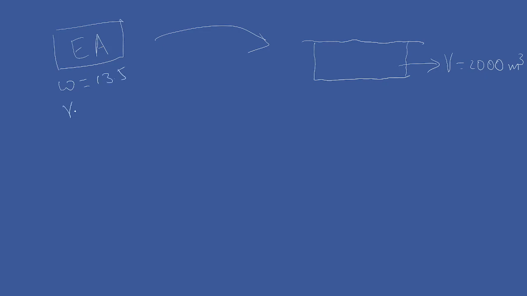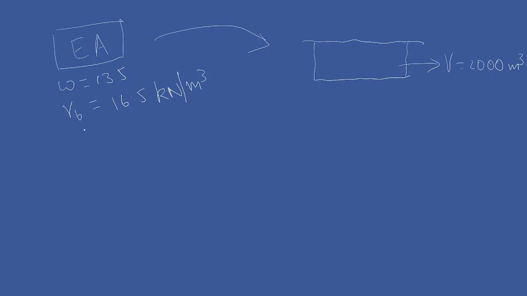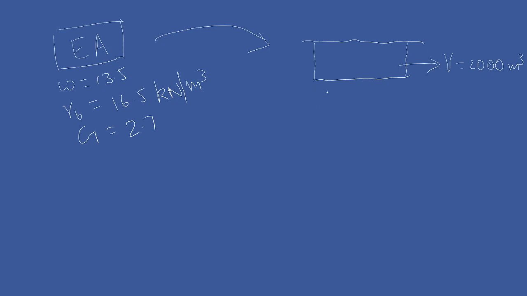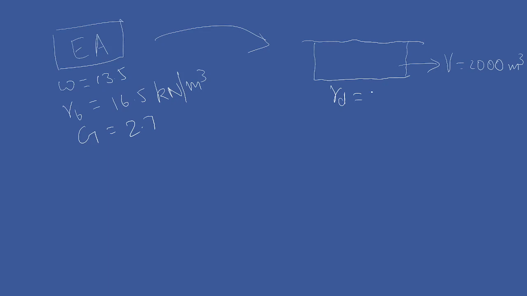Gamma bulk is given as 16.5 kilonewton per meter cube, and the G value is 2.7, volume 2000 meter cube, gamma D is given as 18.5, moisture content is 15.5.